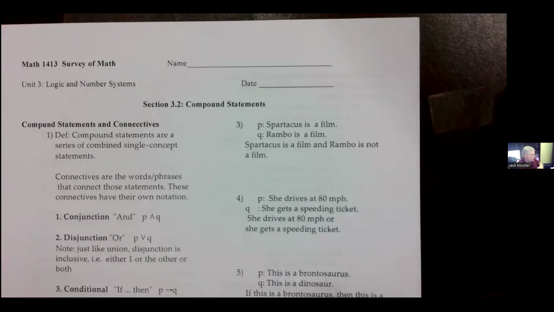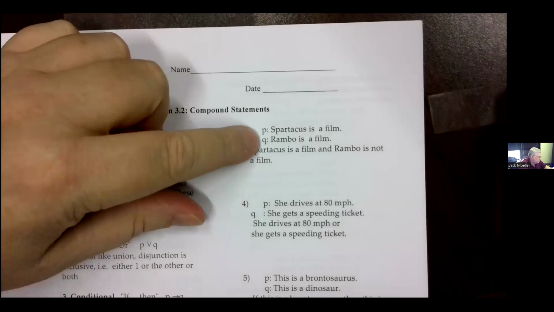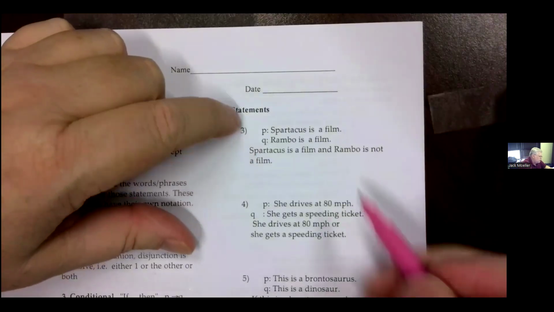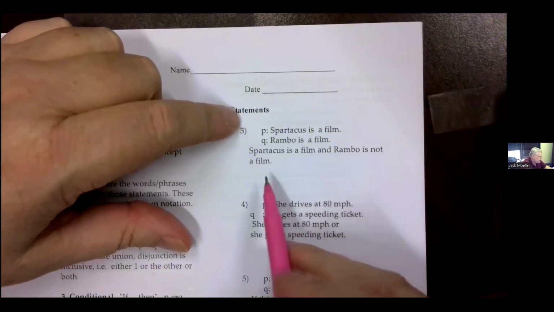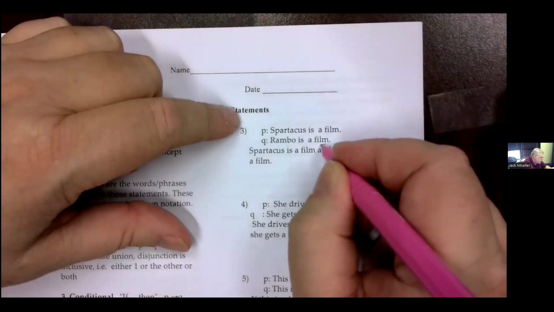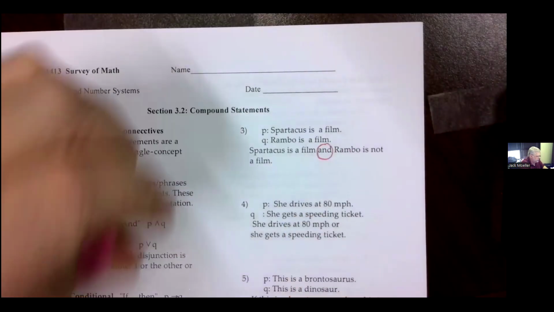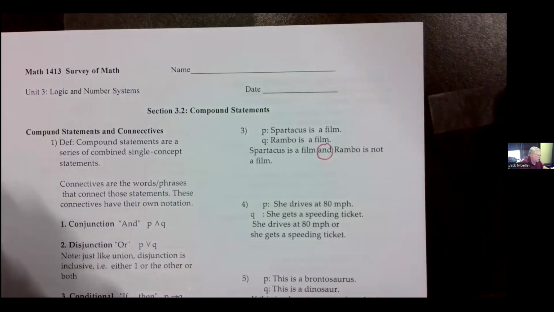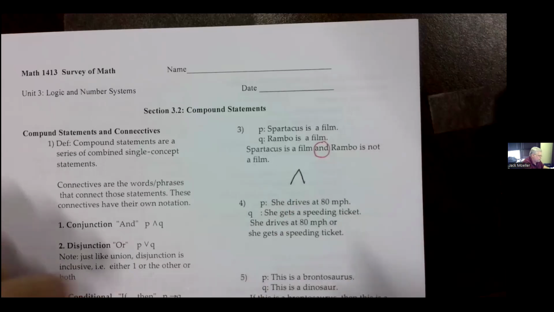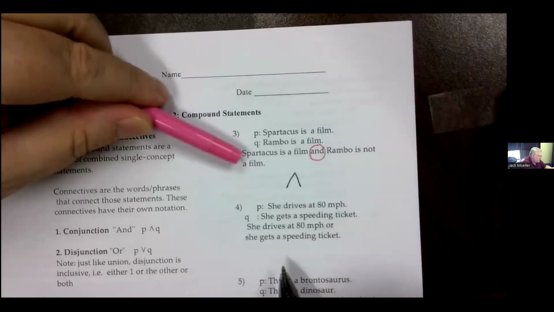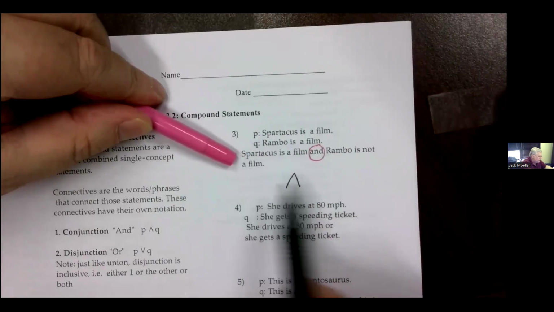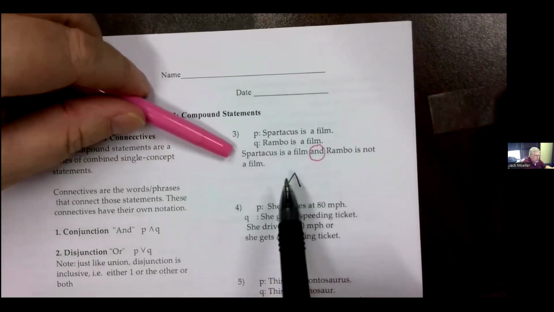All right, how about number 3? Spartacus is a film, Rambo is a film. Spartacus is P, Rambo is a film is Q. So we have Spartacus is a film and Rambo is not a film. The connection between those two sentences is the and, so we know we're dealing with the up arrow. Now it doesn't have to be P first and Q second, so make sure you're getting the order right.